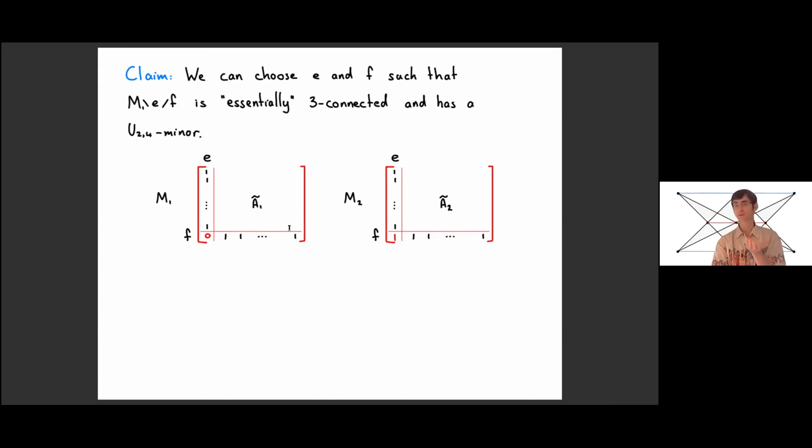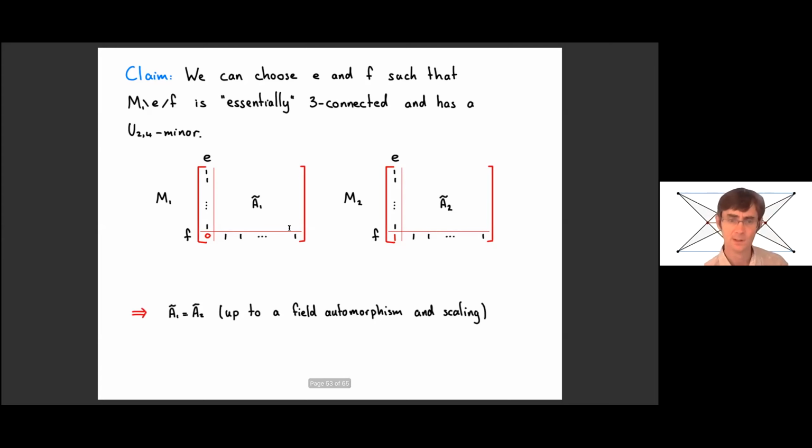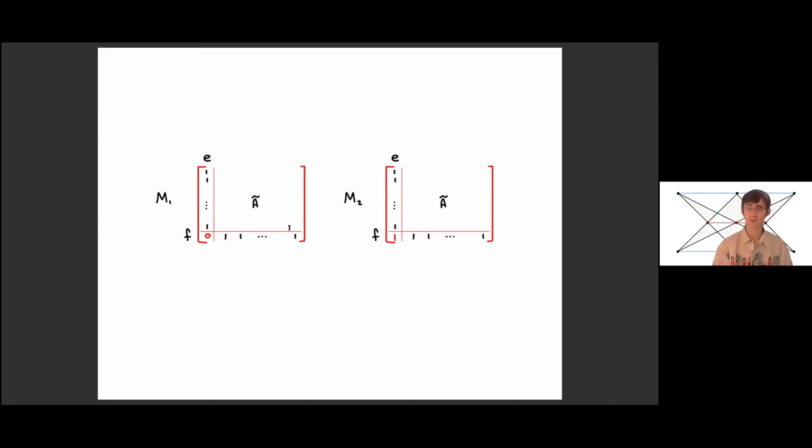But U2,4 is a stabilizer, and that means that the matrices A1 and A2 are going to be equivalent up to scaling and field automorphisms. So you can actually apply these and get them the same. So I can apply scaling and field automorphisms in one of the matrices, and I can reduce to the case that these two matrices are identical except in that bottom left corner.